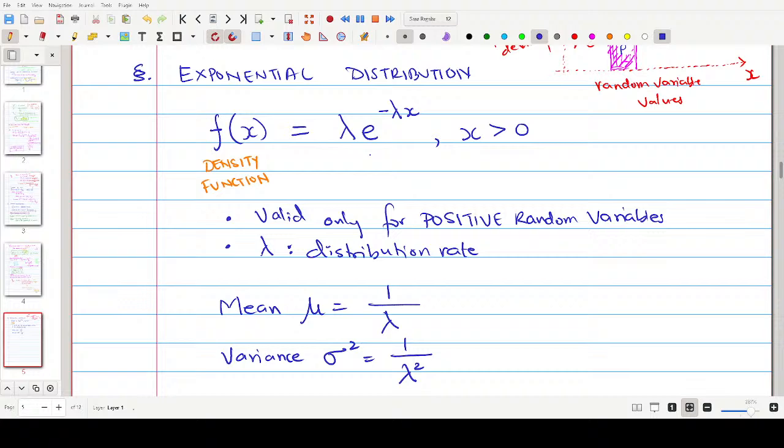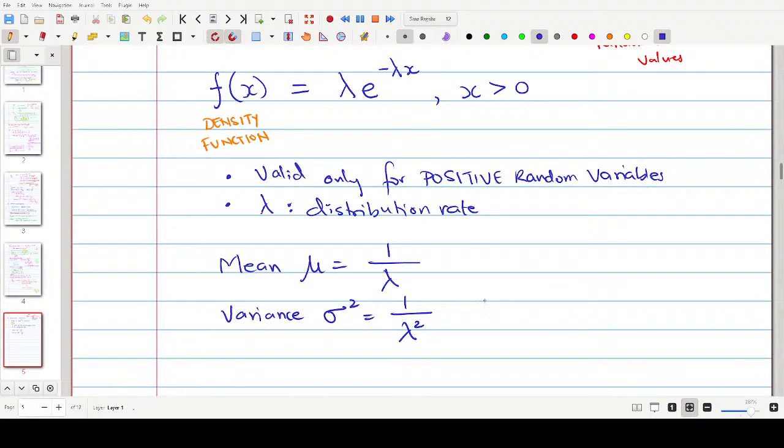It's imperative for us to know how the graph looks. So I'm just drawing a graph of how the probability distribution looks. We are looking just at the positive direction of x. This is 0. The vertical axis is f of x, right? We are just looking at the right side of the vertical axis, and the graph would look something like this.